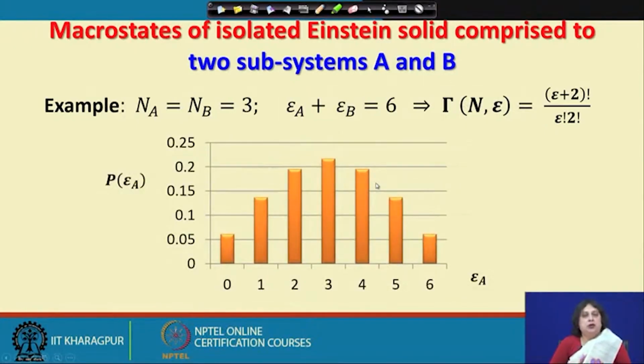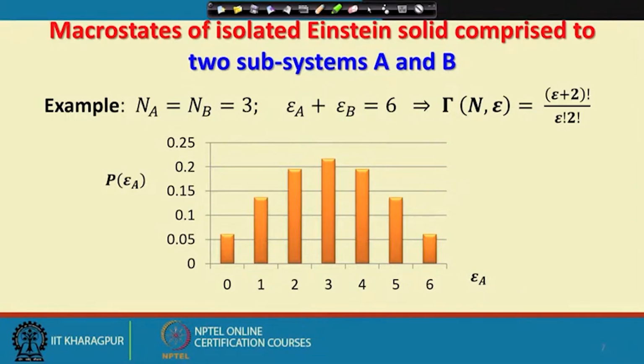And if I now calculate the number of microstates gamma and the probability of observing a particular macrostate where the energy of compartment A is epsilon A, we have already seen this kind of picture. Now, what does this picture tell me? There are several observations that we can make here.